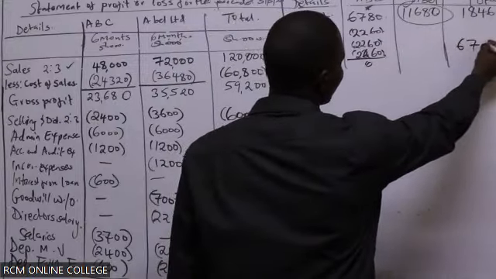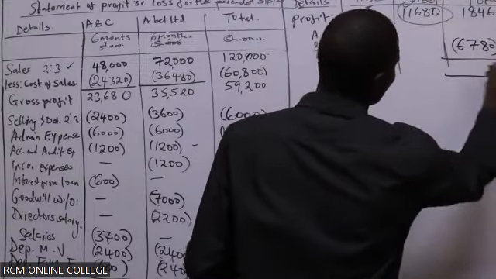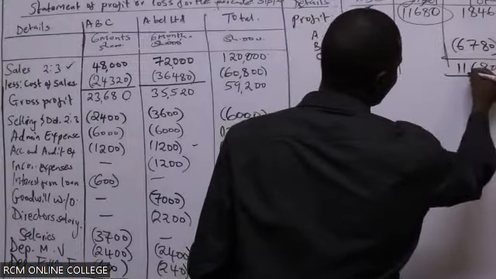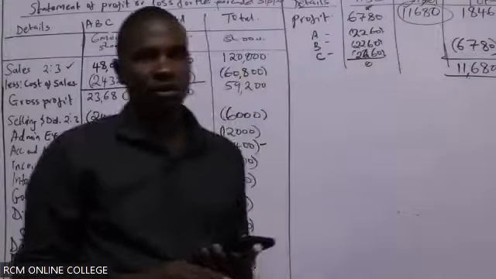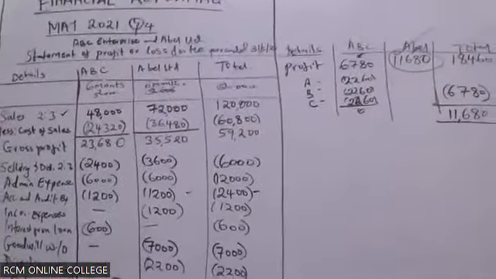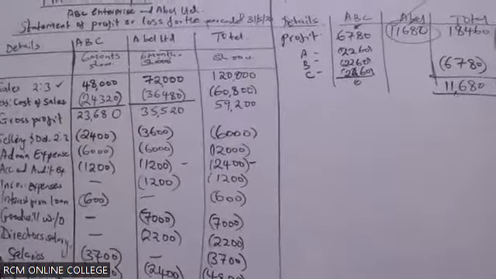Tumetoa 6780. So the profit to take to the balance sheet remains 11,680, to the balance 7,680. Great.